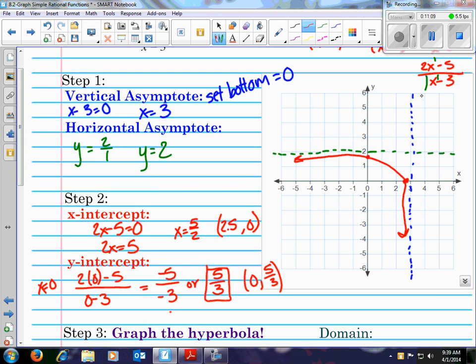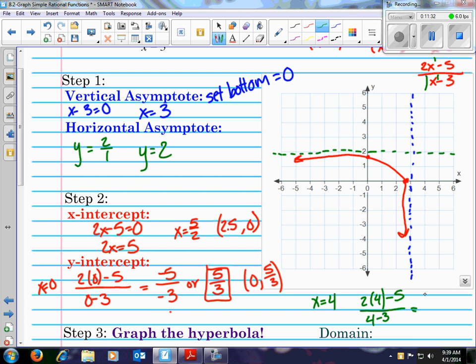So I'm going to look at my vertical asymptote, which is at x equals 3, and I'm just going to pick x equals 4 so that I get something over on this side. So if x is equal to 4, then I have 2 times 4 minus 5 divided by 4 minus 3.